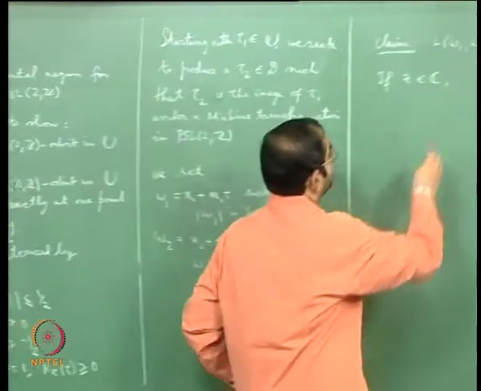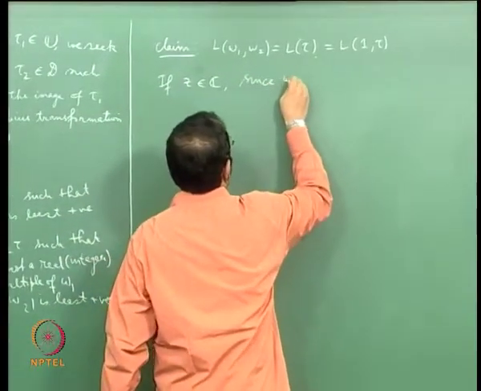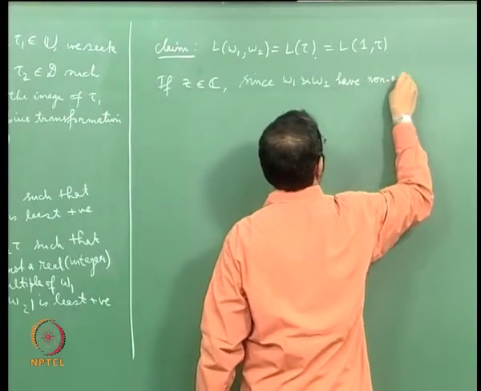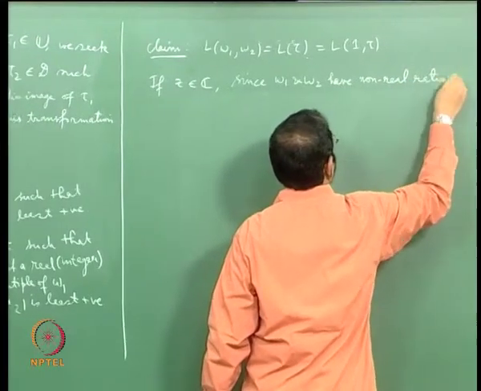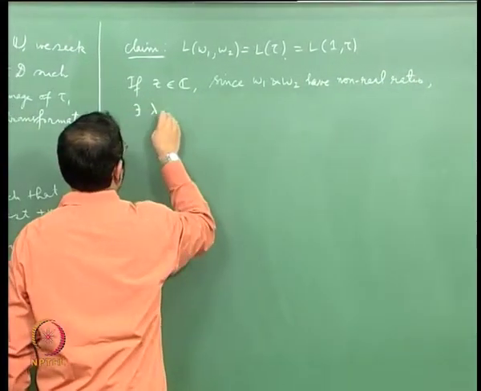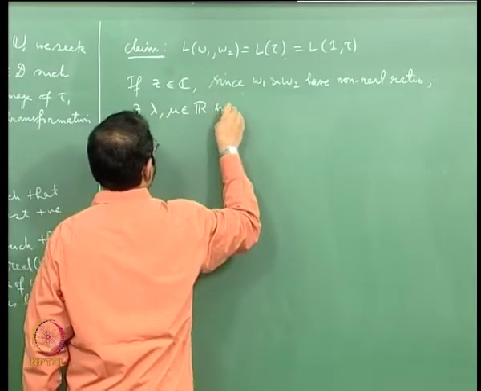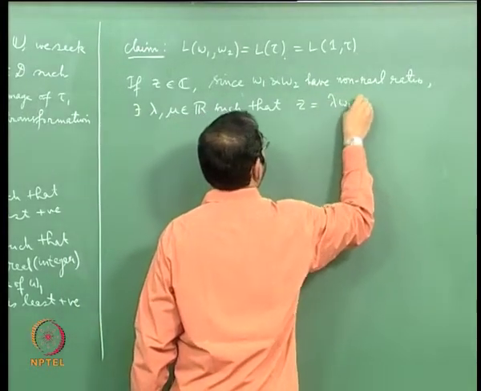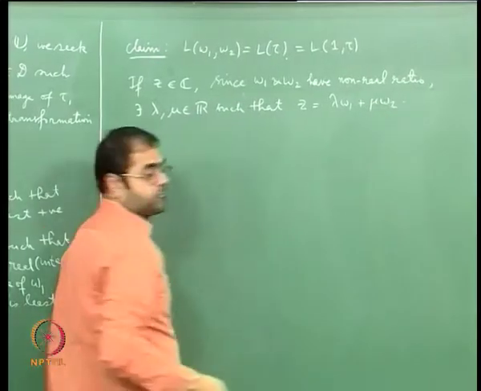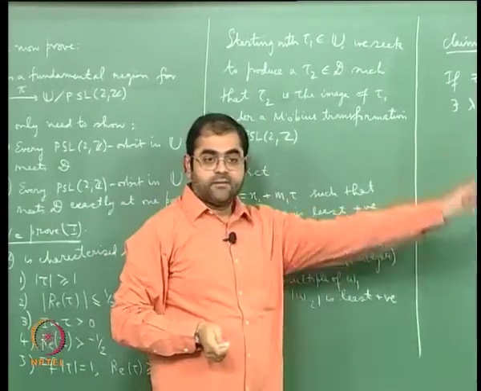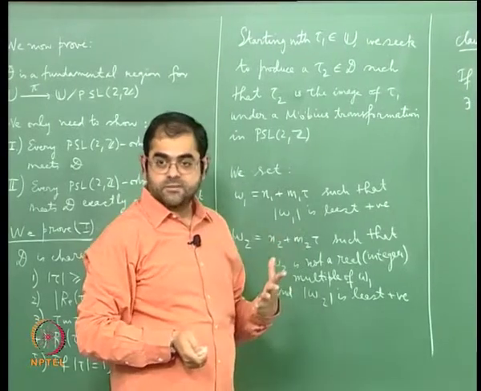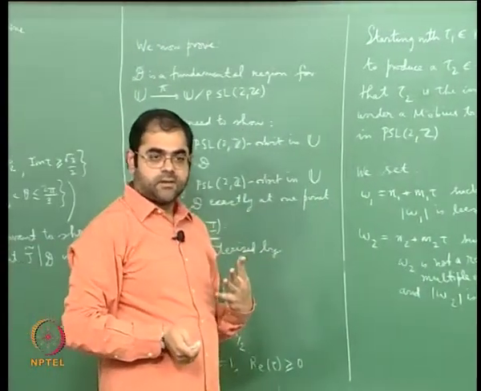So since omega 1 and omega 2 have non-real ratio, there exist lambda, mu in R such that z is lambda omega 1 plus mu times omega 2. You can write any complex number in terms of these two with real coefficients, because they form a basis of the field C as a vector space over R.